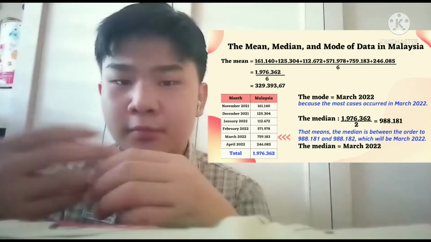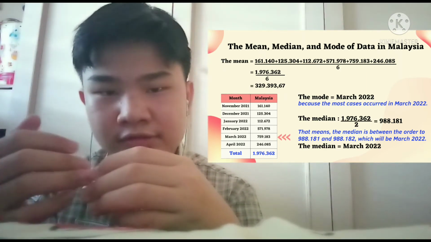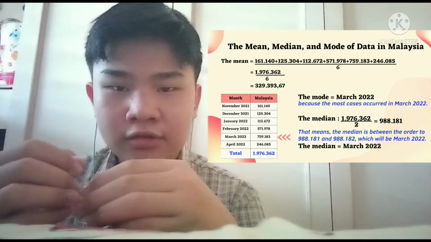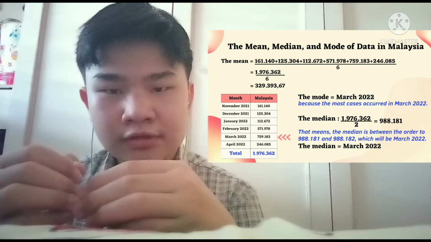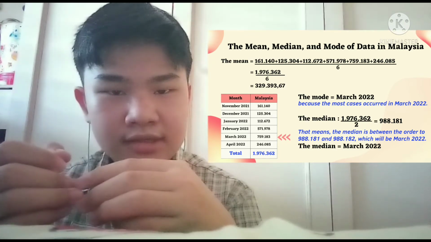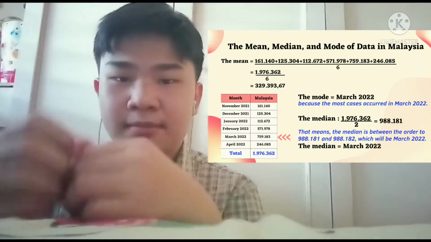For the mode of data B, we just have to look at which data has the most cases. Based on the table, most cases occurred in March 2022, which means the mode for data B is March 2022. Lastly, the median.